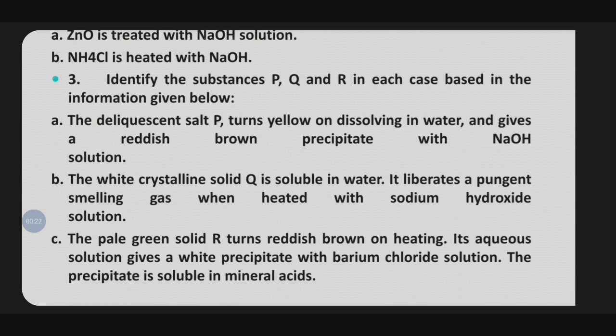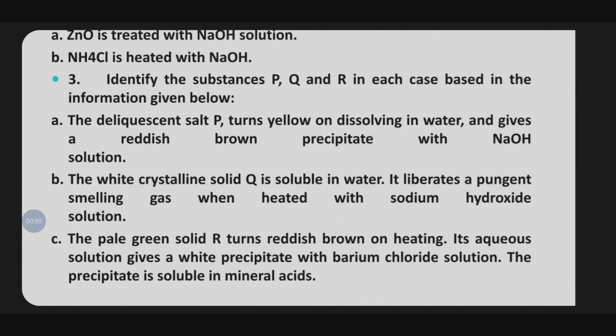It is a deliquescent salt, so whenever it is kept somewhere, it will absorb moisture and form solution. Also, whenever we add NaOH, it will form ferric hydroxide, Fe(OH)3. So all the observations are the same. So what is the salt? It is FeCl3. You will write the answer that P is ferric chloride. You will not write the formula, write the name in full.